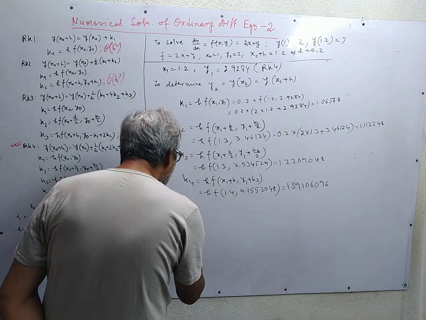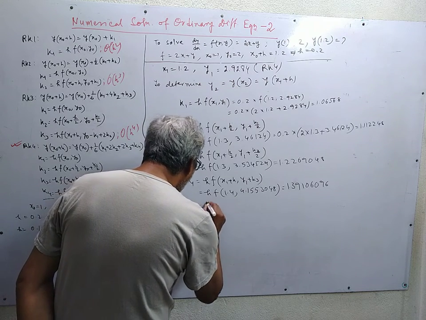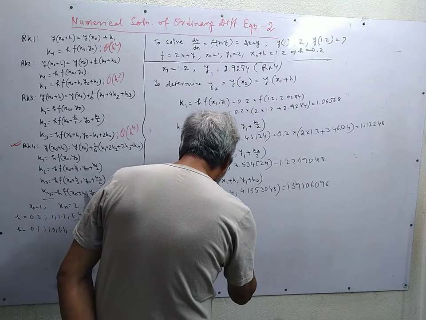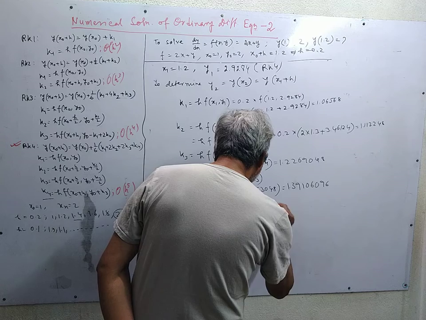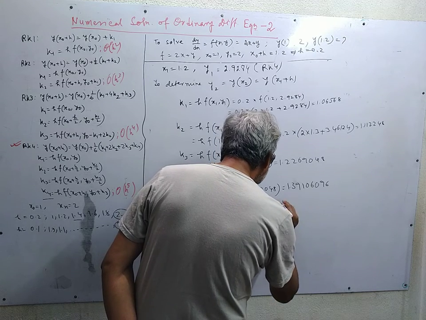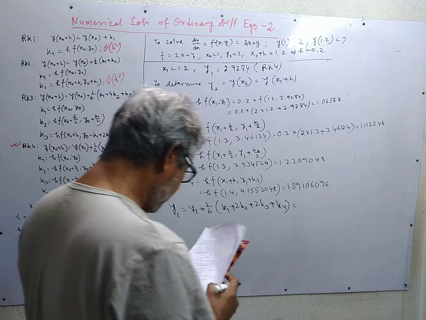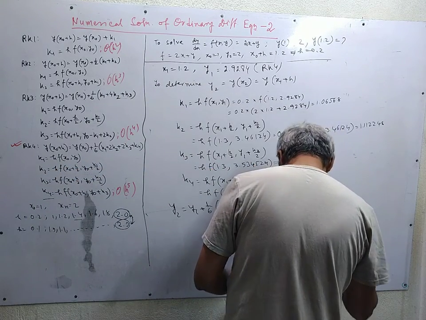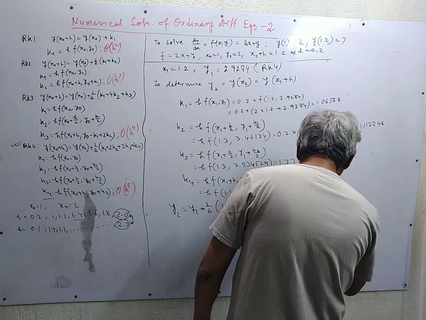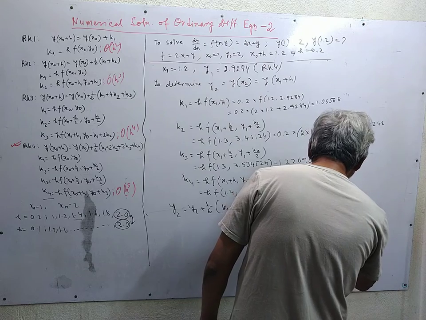So y2 is equal to y1 plus 1 upon 6 times k1 plus 2k2 plus 2k3 plus k4. You see that the values of k change from step to step and this comes out to be 4.15090090776.